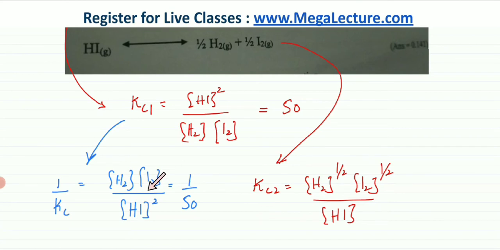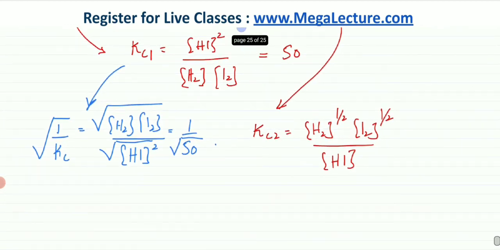Now you're going to notice that this expression looks very similar to this expression, except for this power half. Half is basically under root. So what I'm going to do is take the under root of everything over here. If I underroot this, this, and this as well, everything is underrooted, then you would notice that I get exactly the same expression.